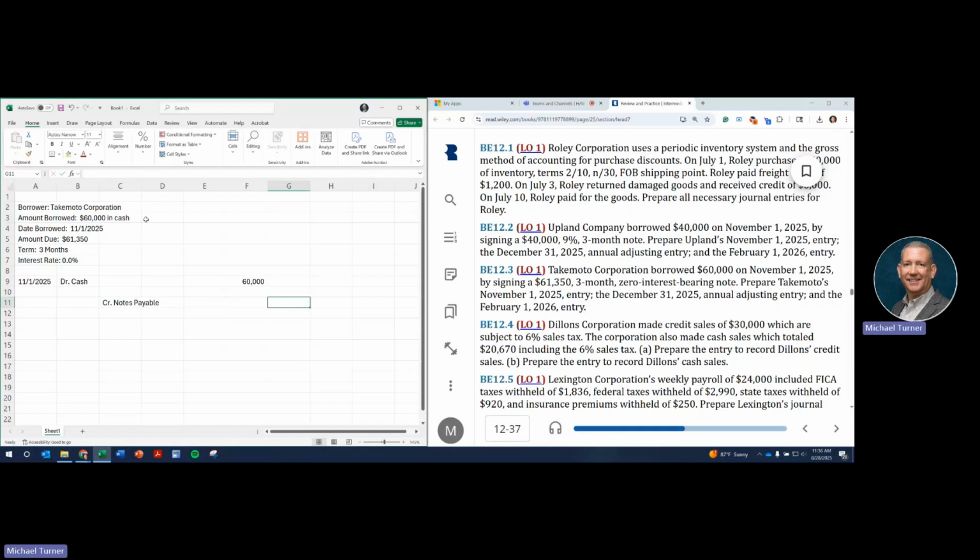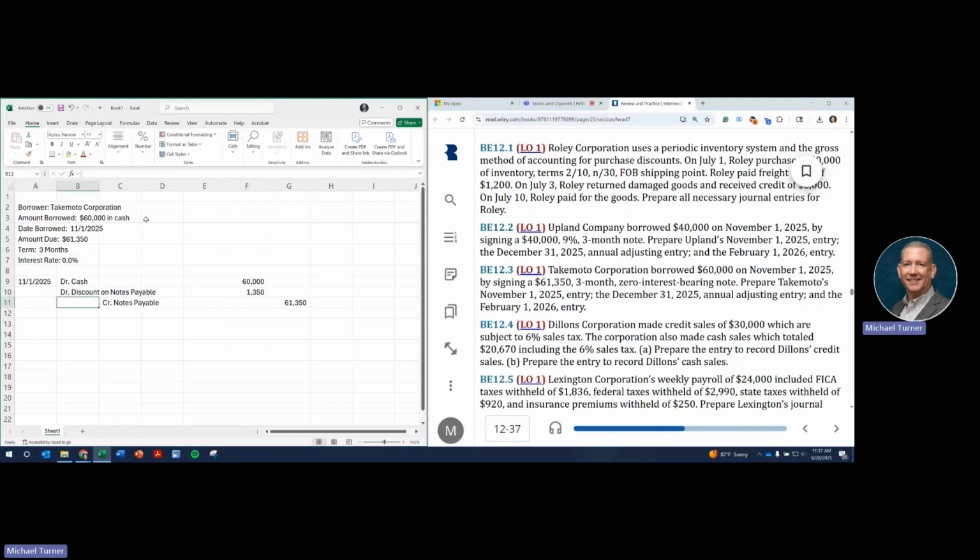And the amount that is due in 30 days given to us in the problem is $61,350. So the difference between those amounts, we're going to record on the date we borrow the money as a discount on notes payable. And that's the $1,350. So now we have a complete journal entry.